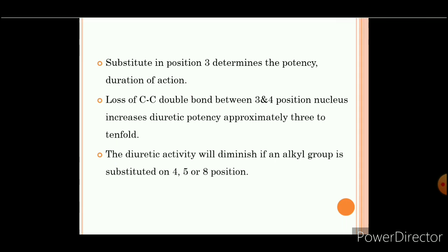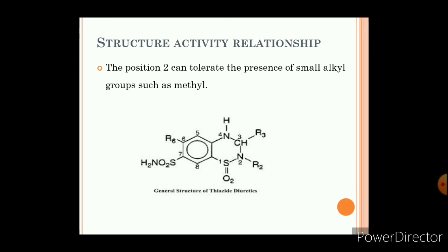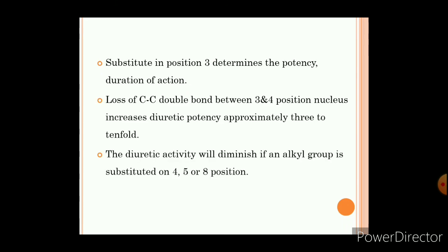When you substitute any substituent at the third position, it determines the drug's potency and duration of action.